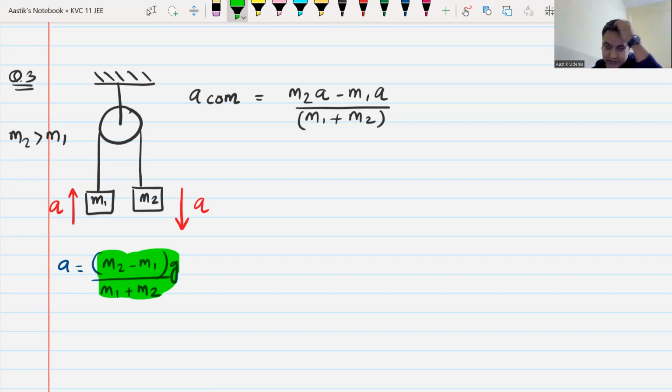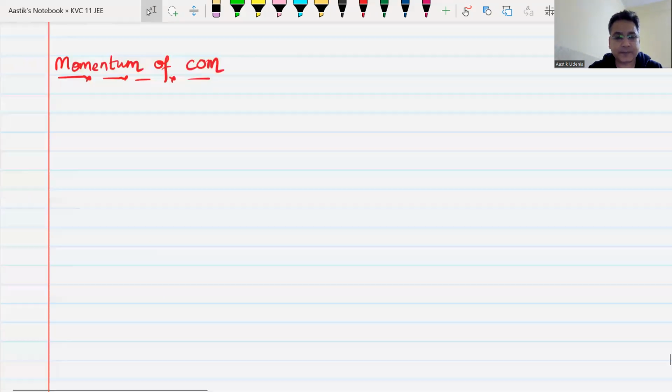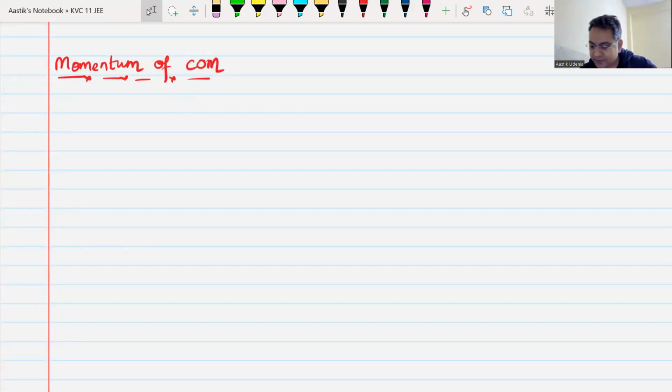What do you understand by the momentum of the center of mass? Now, what do we understand by the momentum of center of mass? Anyone has any idea?